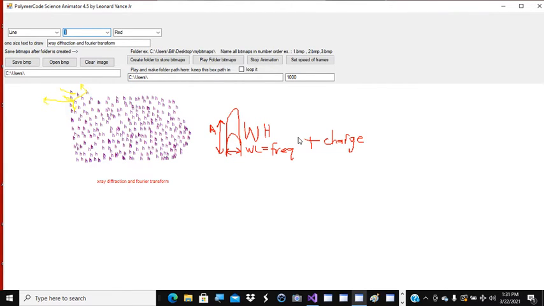Okay, so these are traveling through here, and the only thing that can really change is their frequency or their wave height, which is their amplitude.